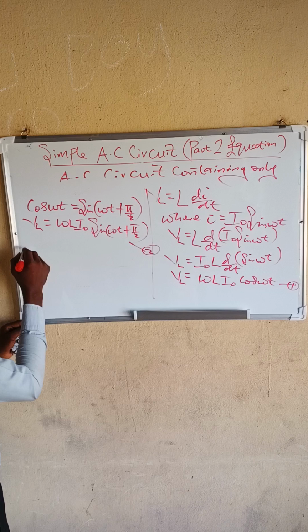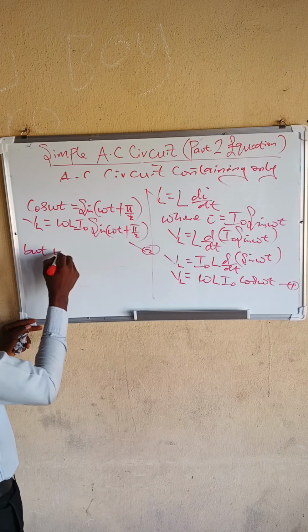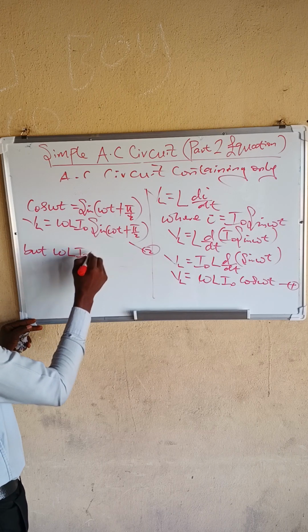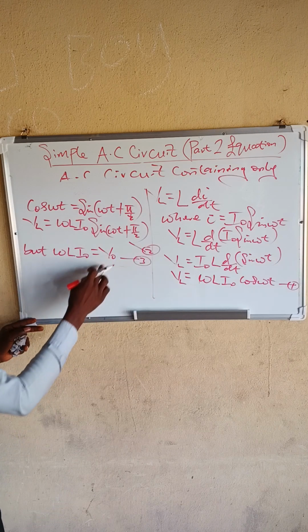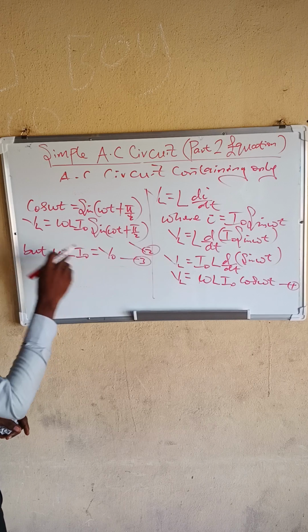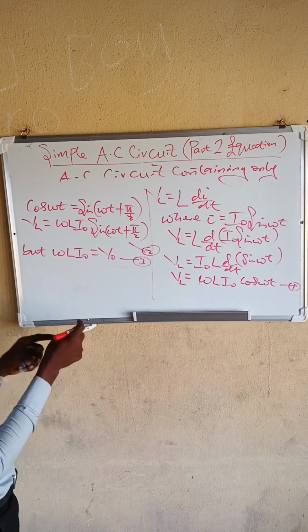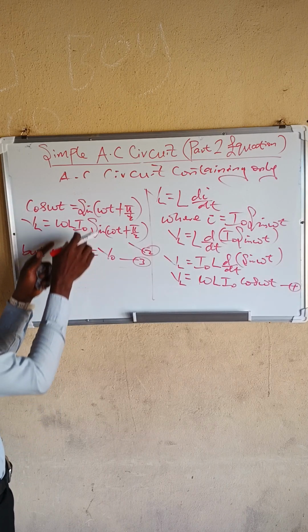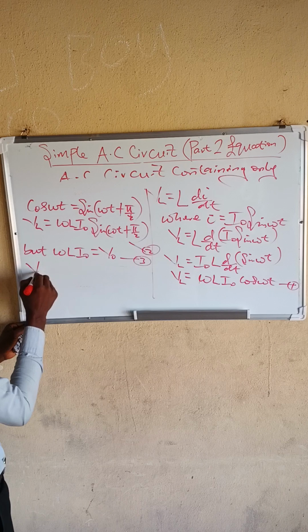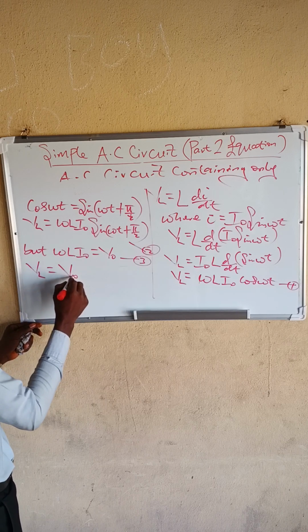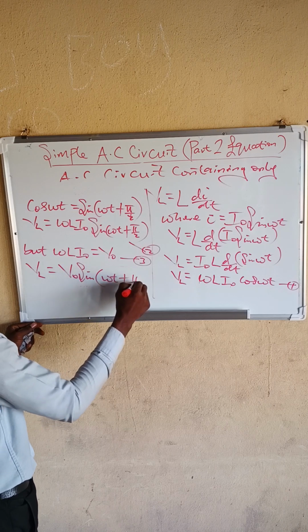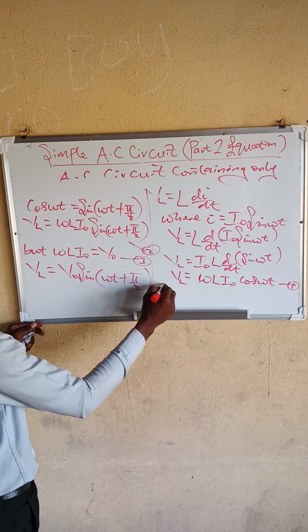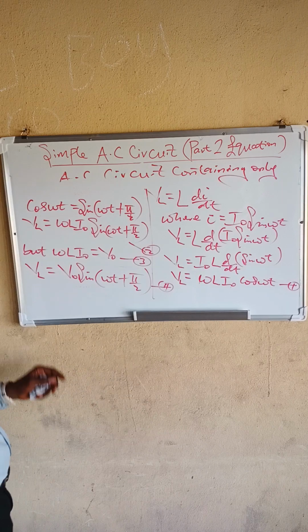I will now say, but omega L I naught is equal to V naught. Call this equation 3. V naught is the peak voltage and this is the peak current. Substituting this into this place, I will have V will give me V naught sine omega t plus pi over 2. I call this equation 4.